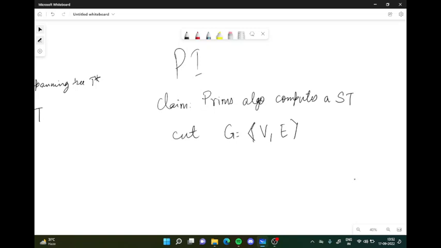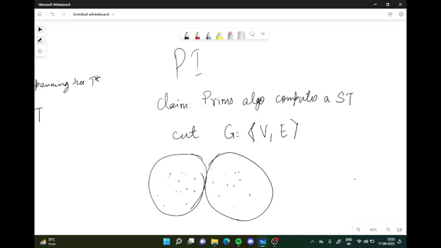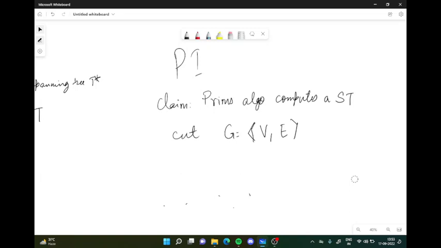For example, just take any random graph and you cut it into two parts. This is one side of the graph and this is the other side of the graph. This is our total graph, and we're just putting a line through it arbitrarily. When we are partitioning, with some vertices on the left side and some vertices on the right side, this is going to be a cut.